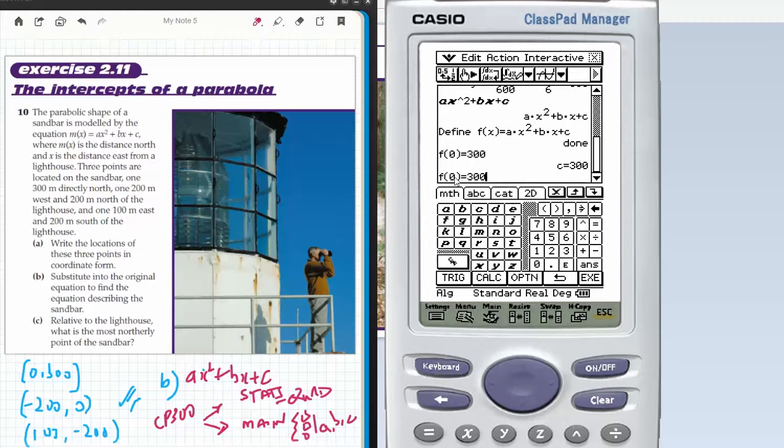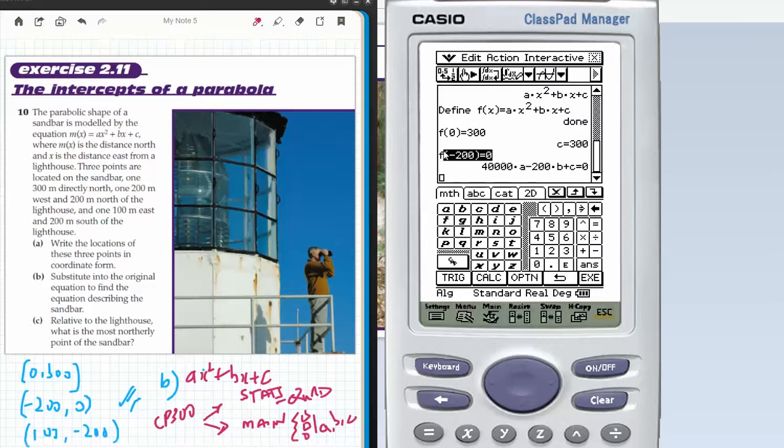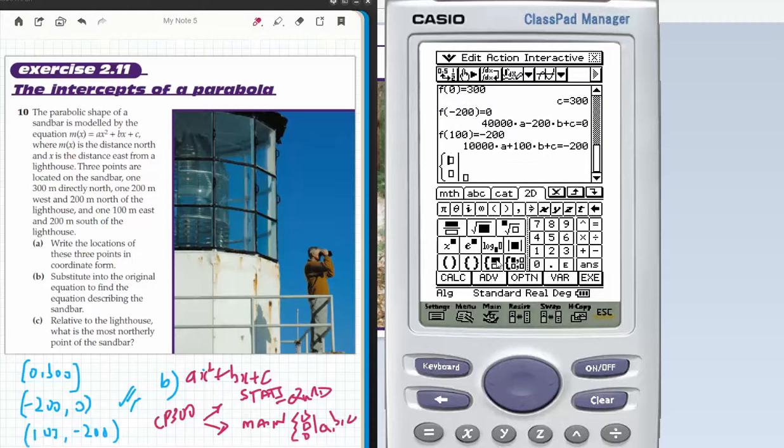And I know that f(negative 200) equals 0. When I press Execute, it will replace x with negative 200 and y with 0, which gives me my second equation. My third piece of information was f(100) equals negative 200, and when I press Execute, that gives me my third equation. If we go into 2D, simultaneous equations, press it a second time to get a third equation.